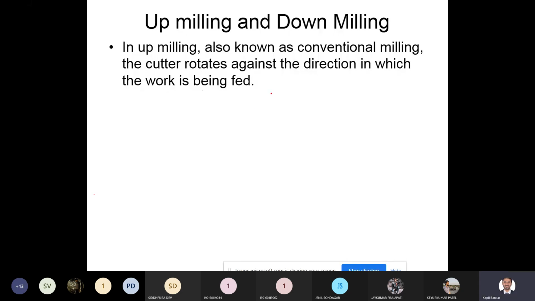Suppose this is the arbor of a horizontal milling machine, and this is your cutter. This is the arbor and this is the cutter. So this will rotate in this manner. I will just draw this cutter in an actual manner.